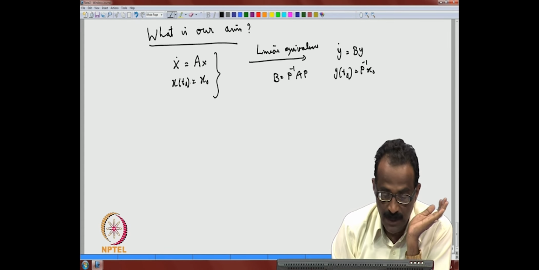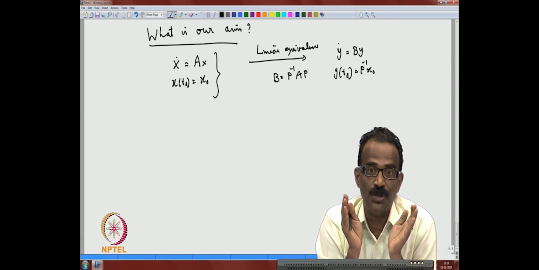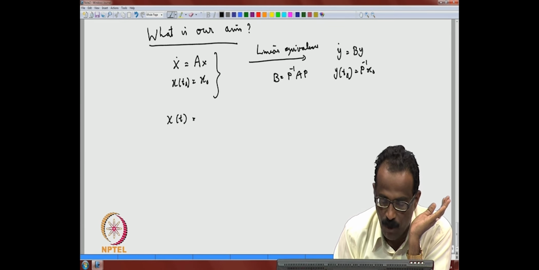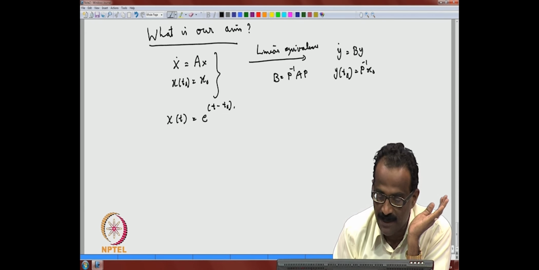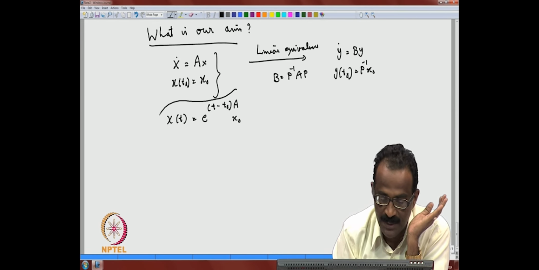And here, as I said, one of the major difficulties is the computation of the solution. Even though you have a solution, let me recall once again, because this is the important point, x(t) is equal to e to the power A t into x naught. The computation of this is difficult.